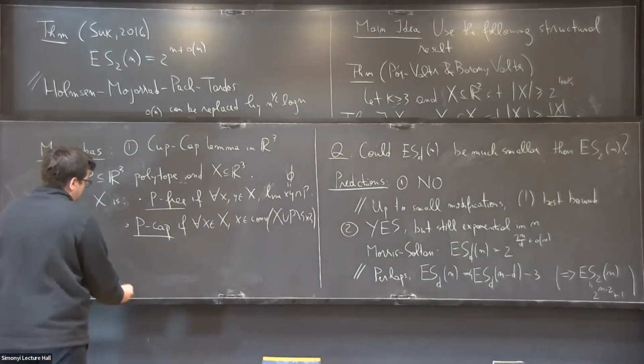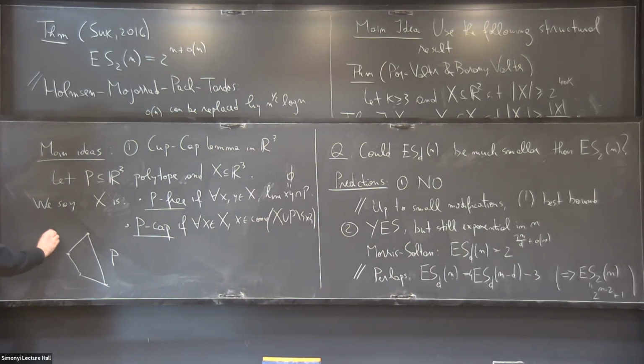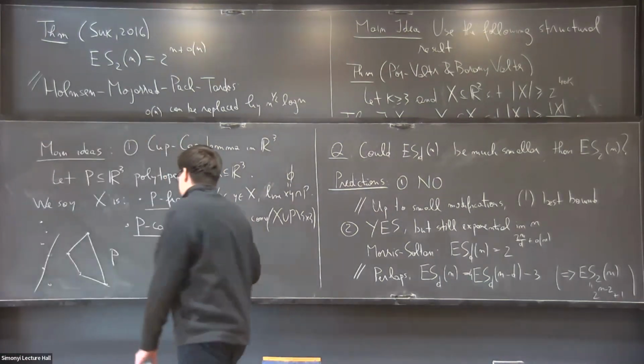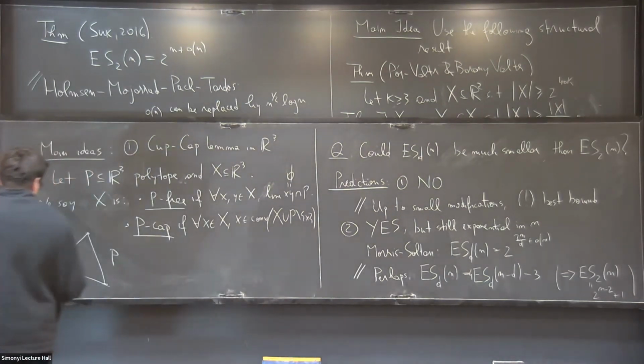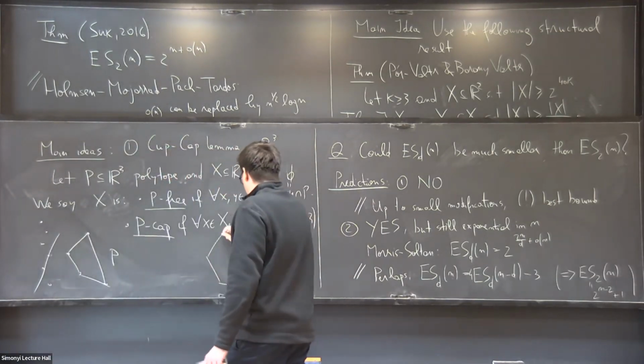So what does this look like? Let me draw here some polytope. I think P-cup is imagined as a set of points kind of like this. Any line I draw there really hits this. Okay. Again, I can promise the P will look the same.